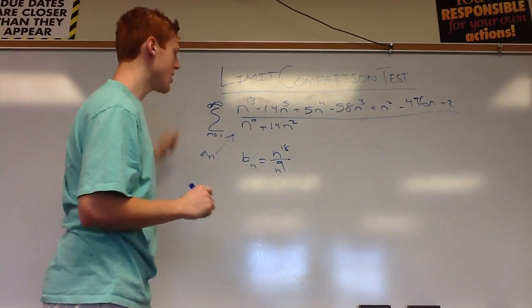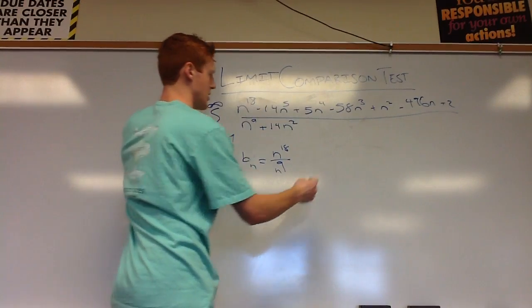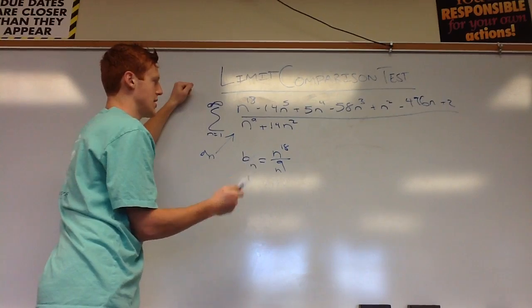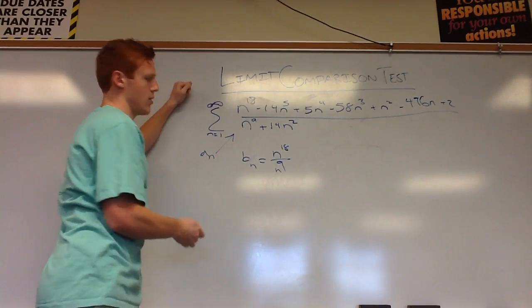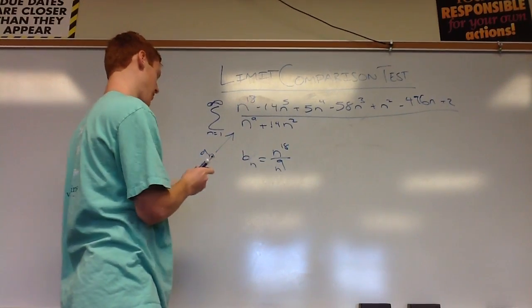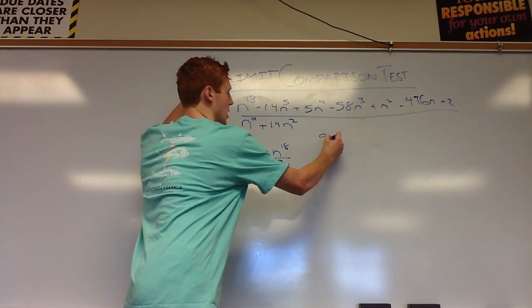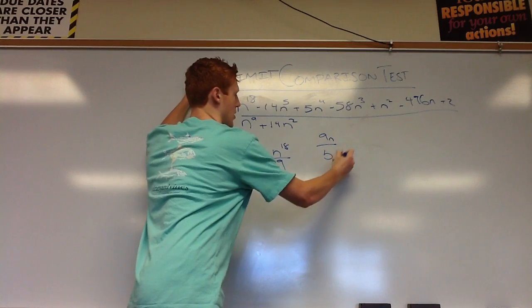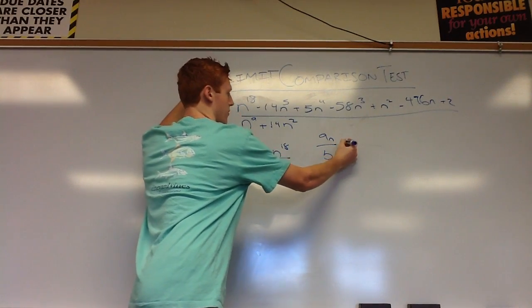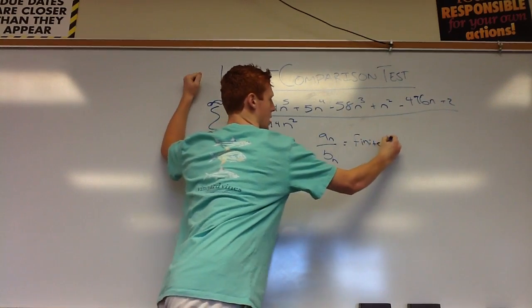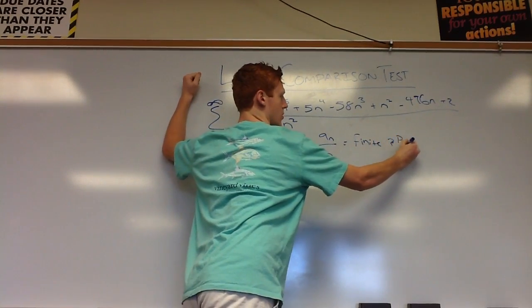The first requirement is that B sub n and A sub n are greater than 0. This we have. The next one is that A sub n over B sub n is finite and positive.